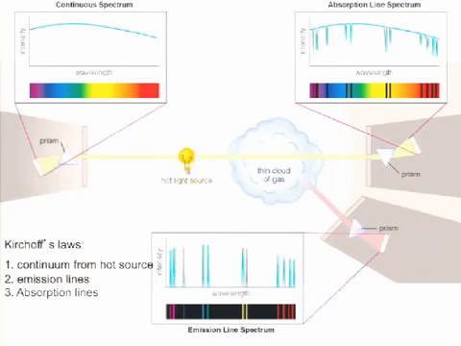But if you now shine a light through it, you've got a hot light source and a colder cloud of gas, the light continues, and you take a spectrum of it, you see an absorption line spectrum. Now, why do we see these three different spectra on just a simple light bulb? Well, here's one thing you can say.